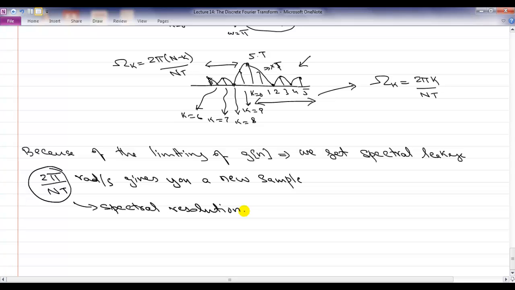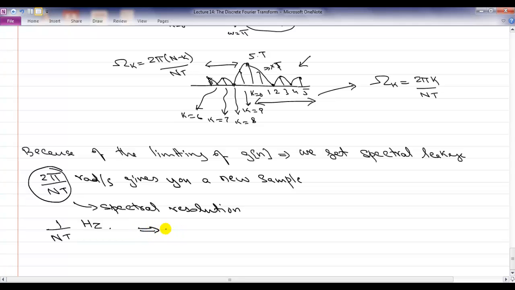Okay, so how do you determine that? Or you can also say it's 1 over NT hertz. So say someone says that I want you to tell me what is happening in the frequency domain where the frequency samples are no more than 5 hertz apart.